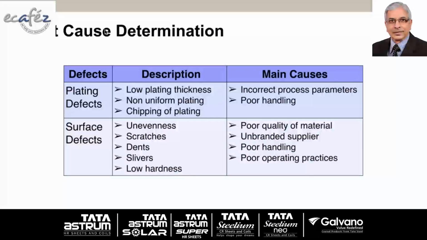Low plating thickness was coming from incorrect process parameters. Non-uniform coating came from poor handling by the plating team. Chipping of plating is one of the main causes of the surface problem. In the surface defect, unevenness, scratches, dents, slivers and poor operating practices were the main causes.